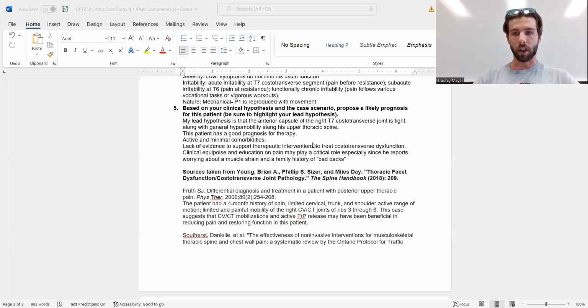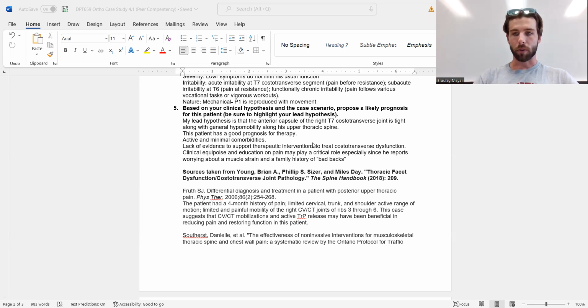But in this case, I think the clinical equipoise may play a larger role. So if the therapist is confident in their treatments and the patient can sense that confidence, I think the patient can still get better with the interventions.